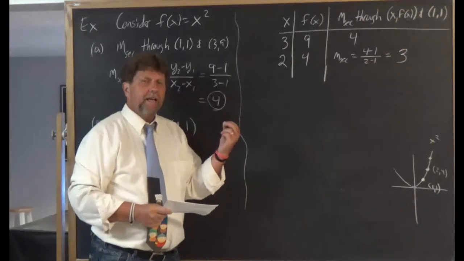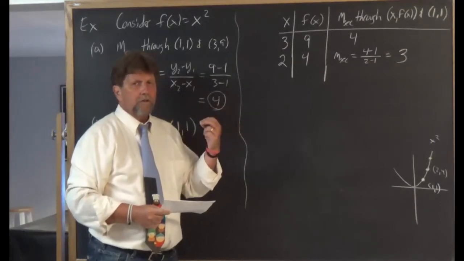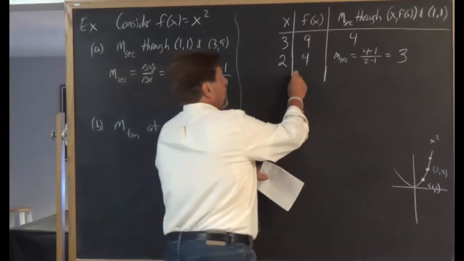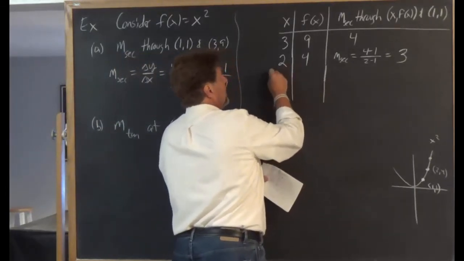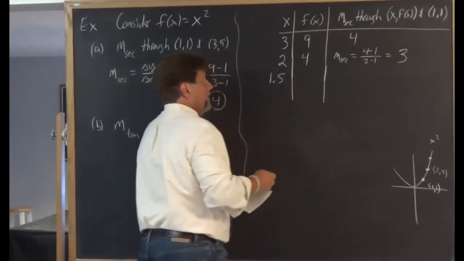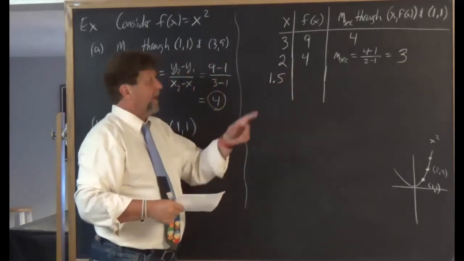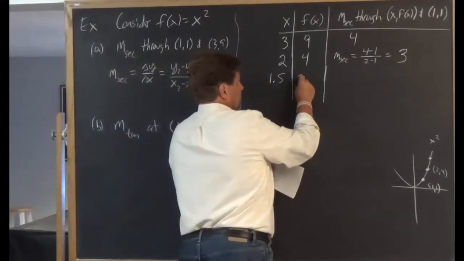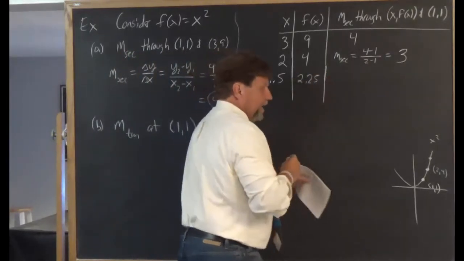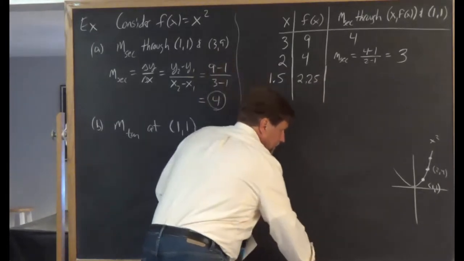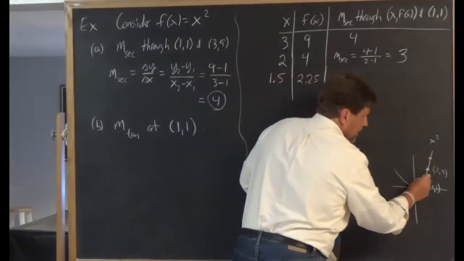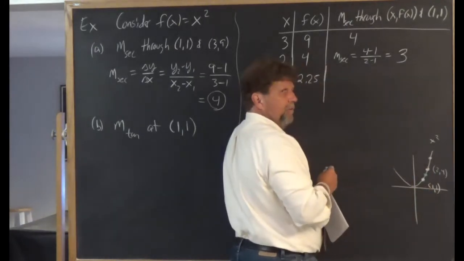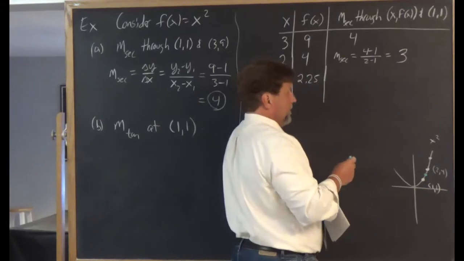Could I find a second point that's even closer to that point (1, 1)? Of course I could. I could come to, let's say, an x value of 1.5. Then f of x is 1.5 squared, which is 2.25. So I've now come to this point right here. It has an x value of 1.5, a y value of 2.25.